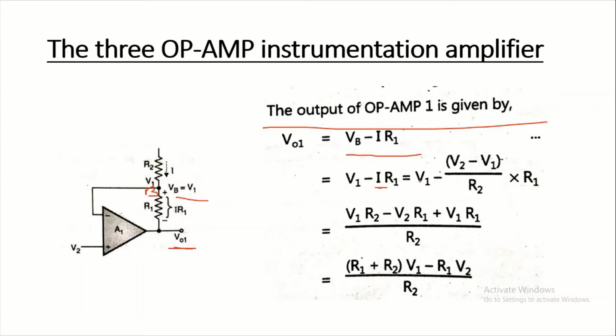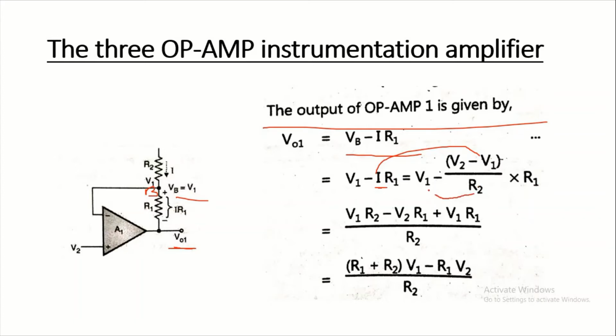Now put the value of I into this equation. So the equation becomes, instead of VB we write V1, because VB is equal to V1. So V1 minus IR1, and then the value of I is V2 minus V1 divided by R2, times R1.